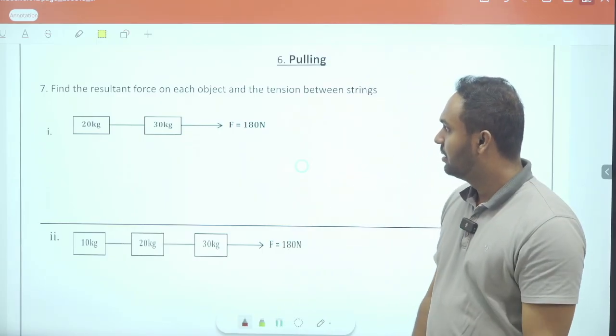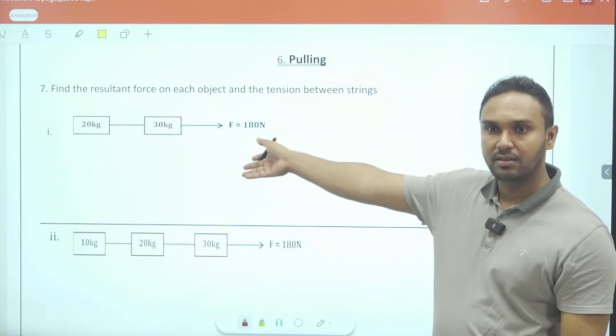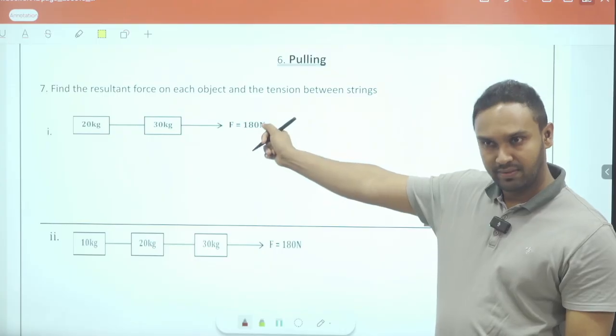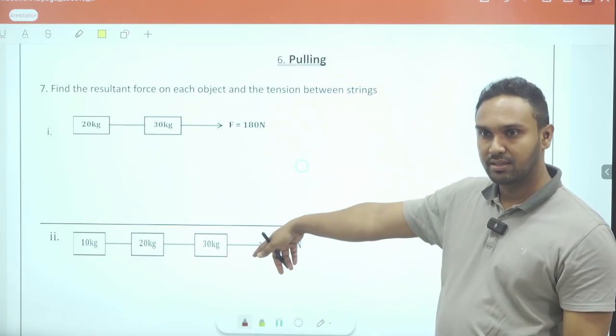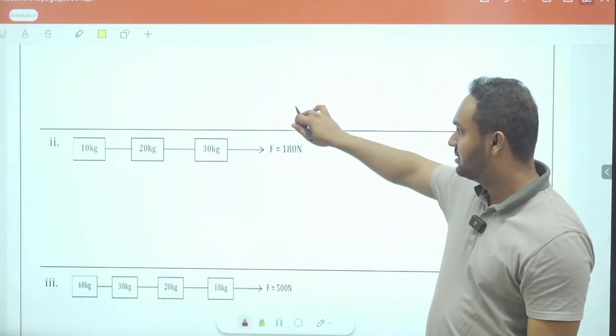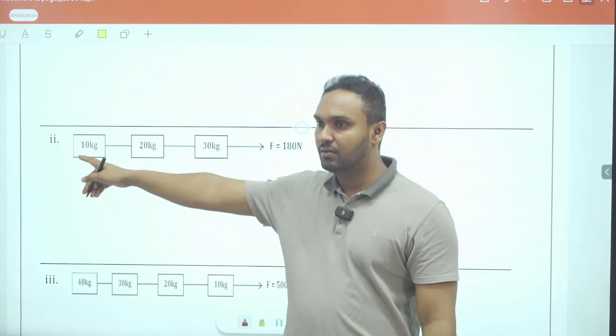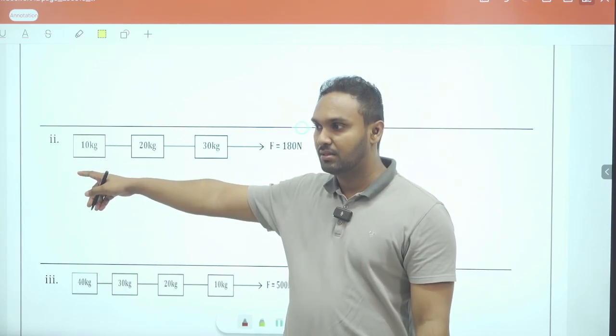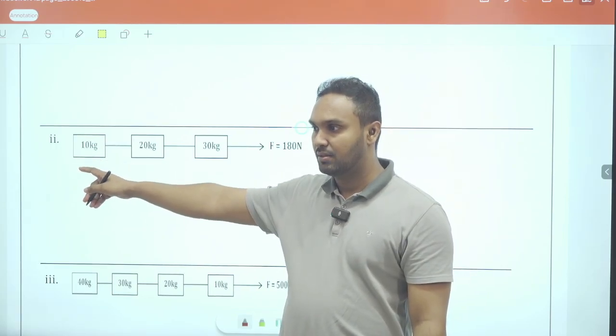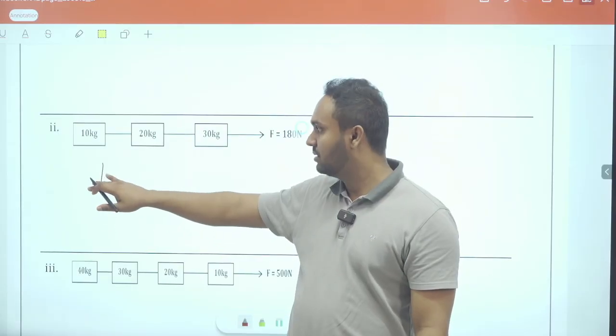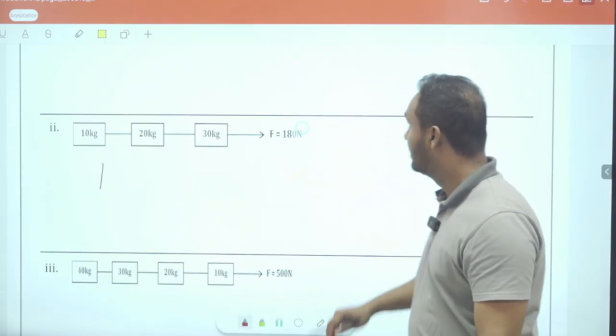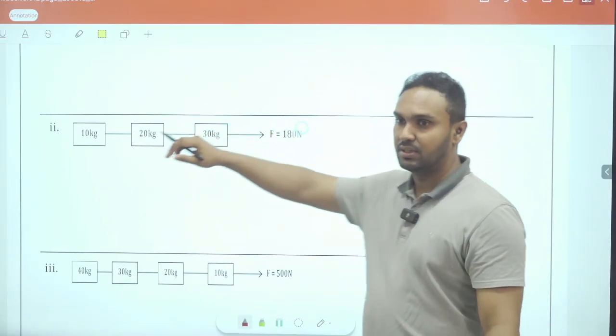Right? So what were the answers? What was the answer for the 72 newtons? Did you do the second question as well? So what were the answers for the 10 kilogram mass of tension? 30 newtons. Did you all get the same? 30 newtons.